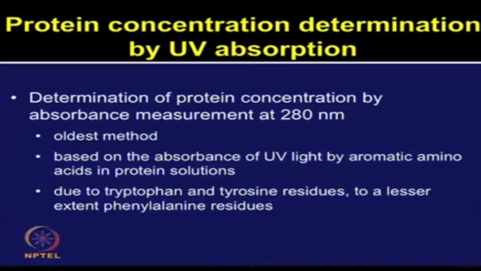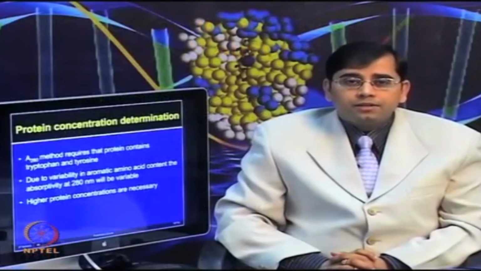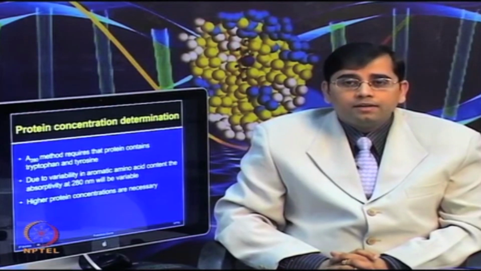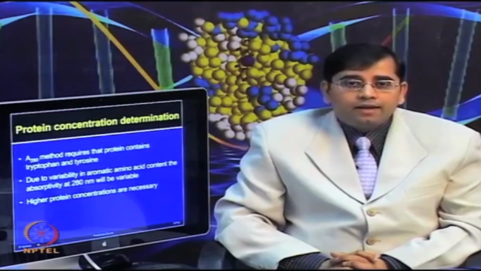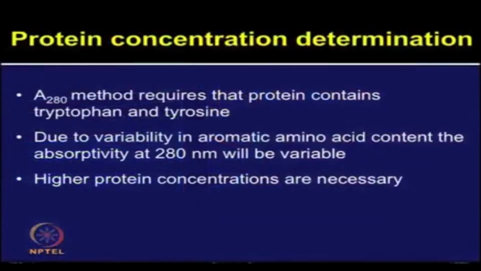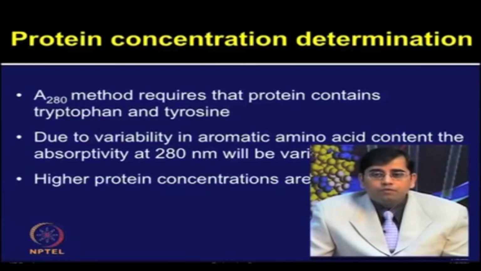Phenylalanine is also an aromatic amino acid, but it is responsible for this absorbance to a lesser extent. So, the A280 method requires that your protein contains tryptophan and tyrosine aromatic residues. Since protein samples will have variability in overall amino acid content, the absorptivity at 280 nanometers will be a variable factor for this type of method.